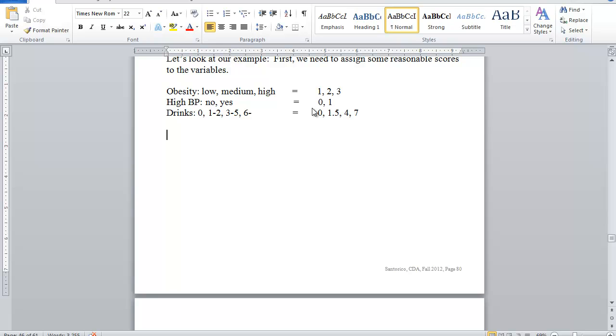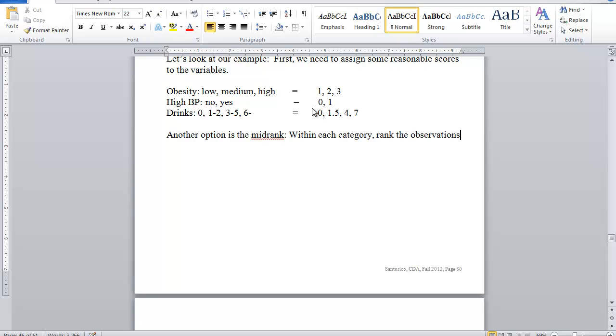Another thing that you'll see done is something called the midrank. With the midrank, the idea is that within each category, you're going to rank the observations.